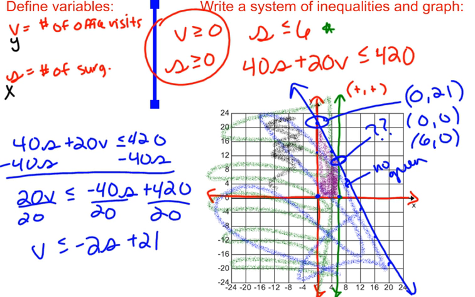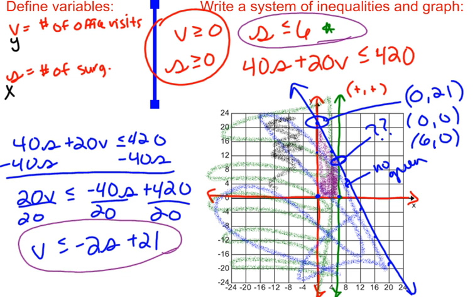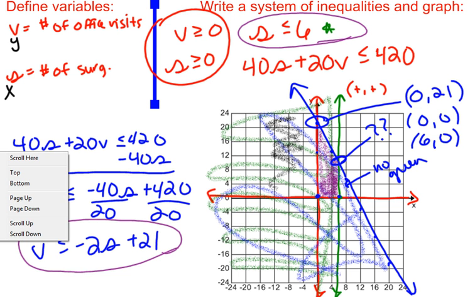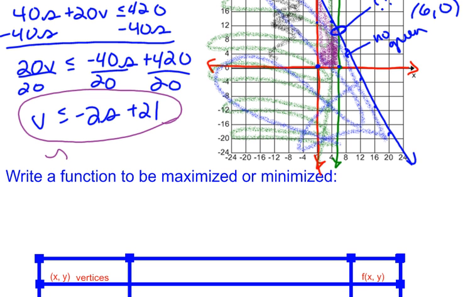So what you do is you look at the two lines involved in that. The two lines that are involved in that is my blue line, so right here, and my line in green, right here. And then I treat them as equations and I solve for the intersection point. So when we learned substitution and elimination, it was for this. I'm going to take my s equals 6 and my v equals negative 2s plus 21, and I'm going to substitute 6 in for s.